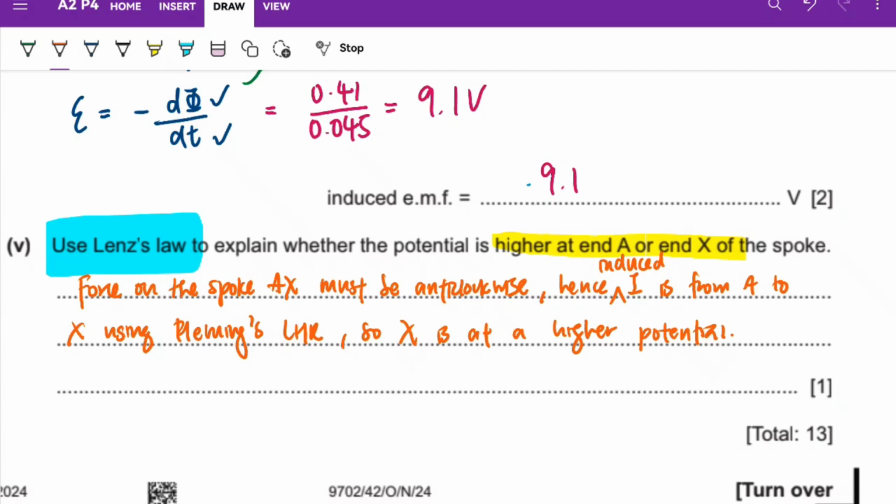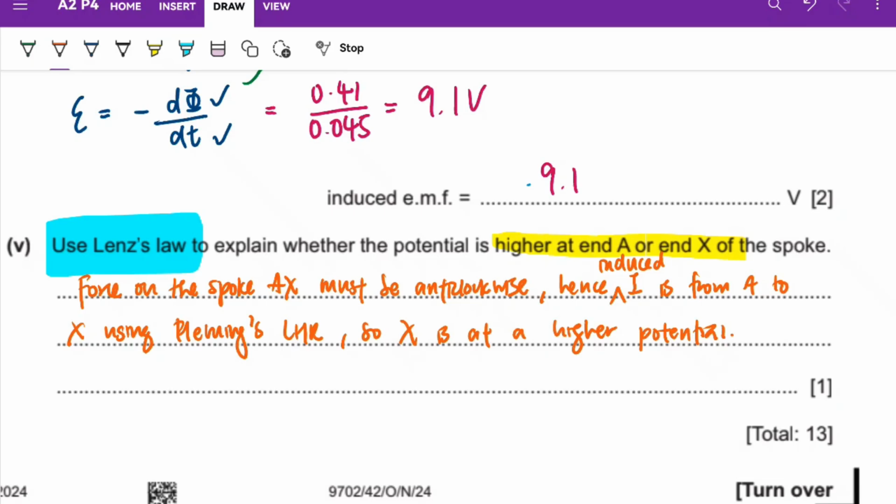If they didn't say anything about Lenz's law, and they started with which end the potential is higher, you can straight away use your right hand rule, because the right hand rule is used to find your induced current. So read the question carefully on what they want.